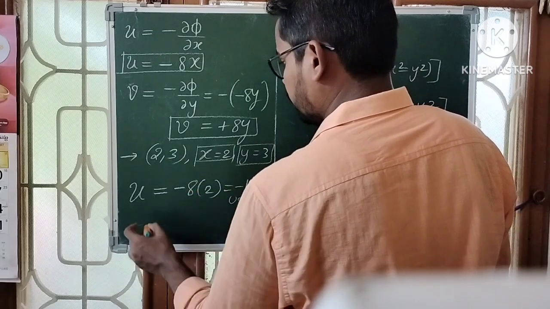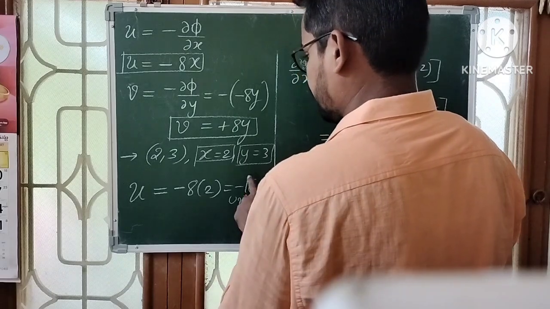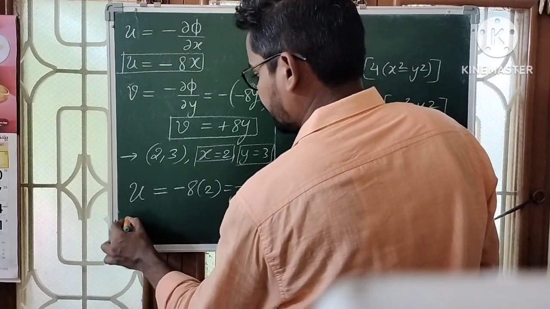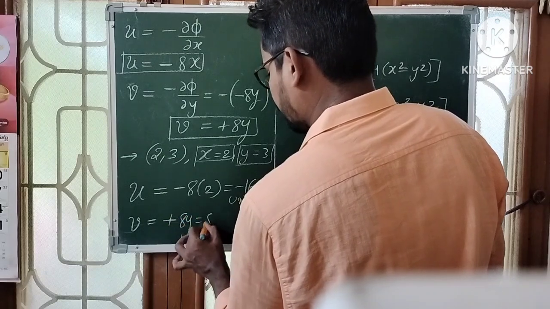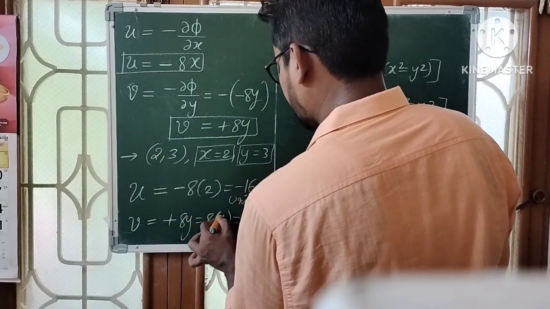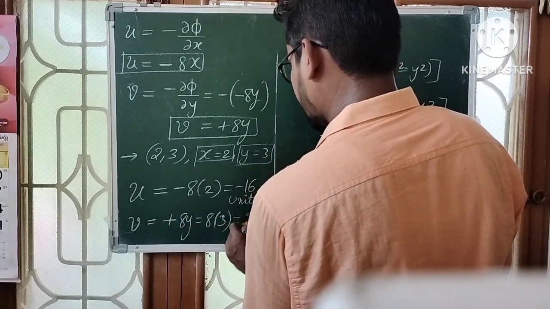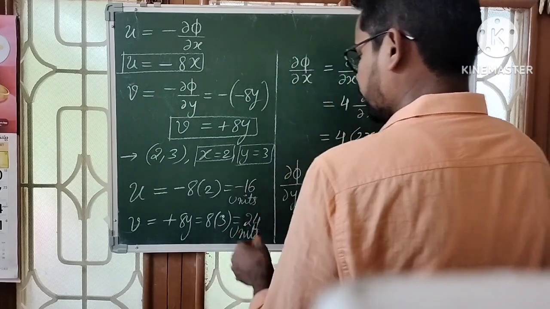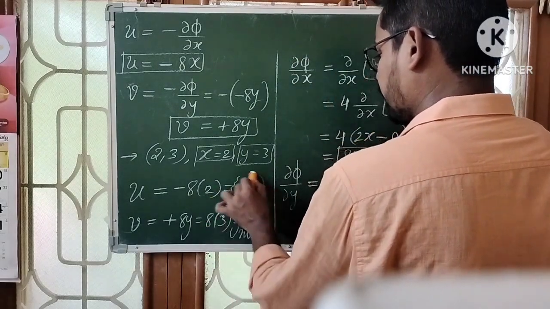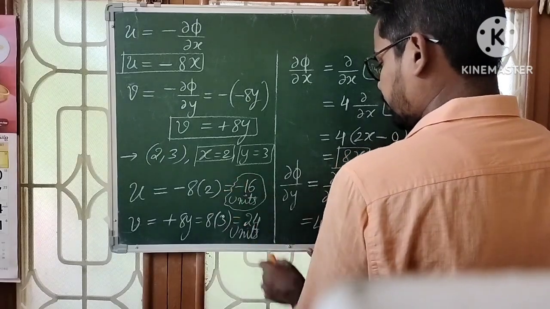Now the velocity component in y direction, v is equal to plus 8y. Put y equal to 3: 8 into 3 is 24 units. Therefore the velocity components u and v are minus 16 units and 24 units.